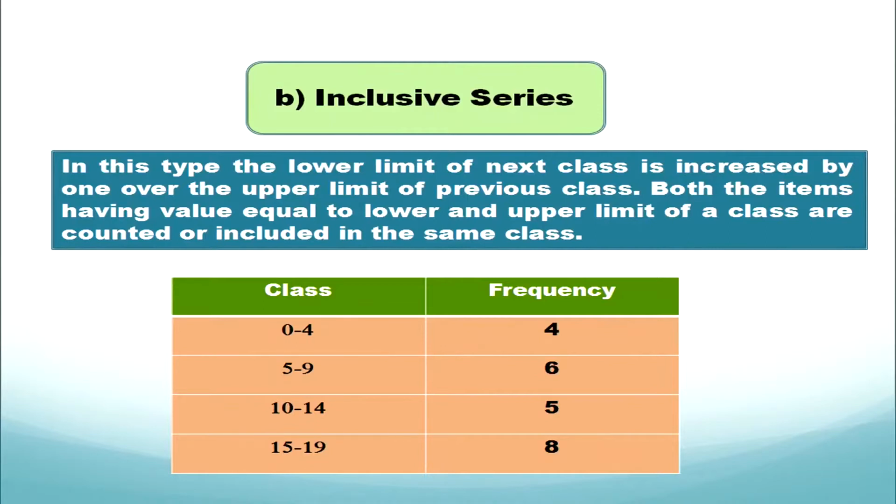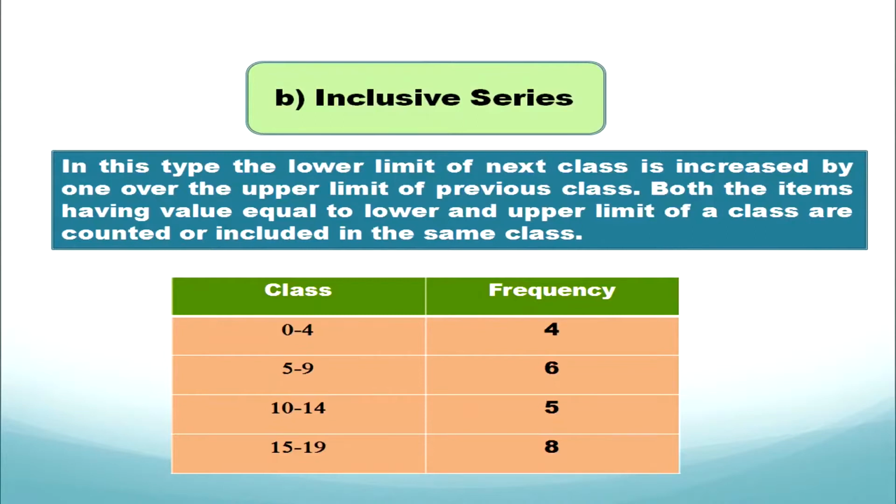In exclusive series, we just learned that the upper limit was equal to the lower limit of the next class. But over here, the upper limit of the previous class is added with 1 and then we get the lower limit of the next class. So, I am once again repeating, in this type, the lower limit of the next class is increased by 1 over the upper limit of the previous class.